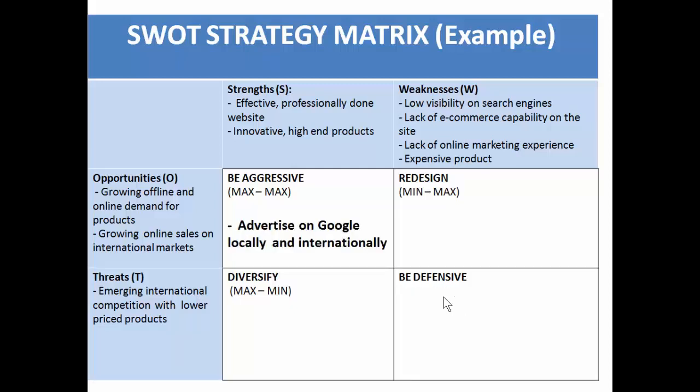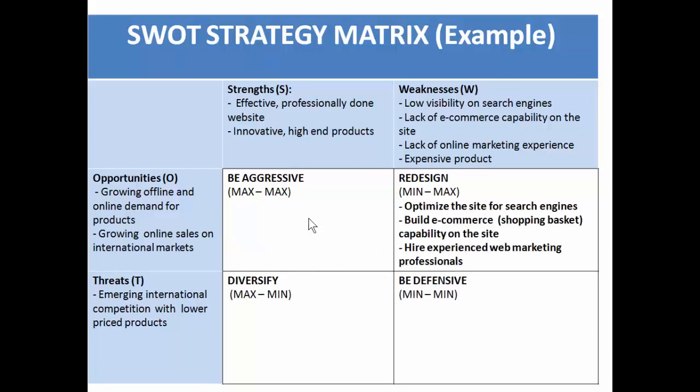Well, number one, if you really want to be aggressive, you want to take advantage of your excellent website and growing demand, then the tactic here is to advertise on Google. Advertise on Google locally and internationally and take advantage of those opportunities. Number two, we are now trying to see what we do about our weaknesses in order to leverage our opportunities.